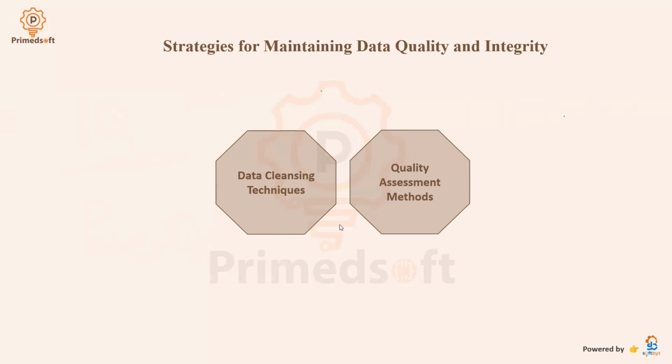You said the quality assessment method is used to ensure data quality, integrity, and visibility, if I'm not mistaken. What about the one for data cleansing technique? That's what I'm explaining. You need to be able to identify and rectify inaccuracies, inconsistencies, and duplicate data sets.